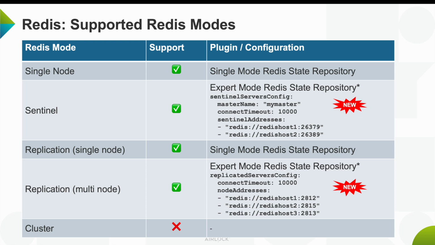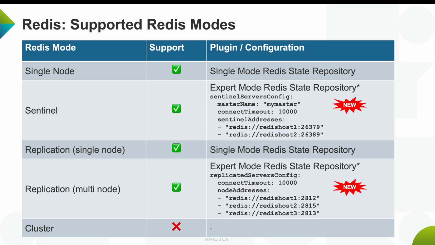So to use Redis in single node mode, so just talking to one Redis node, use the single mode Redis state repository. If you want to use the Sentinel mode of Redis, then you have to use the expert mode Redis state repository. If you use the Redis mode called replication, there are two possibilities.